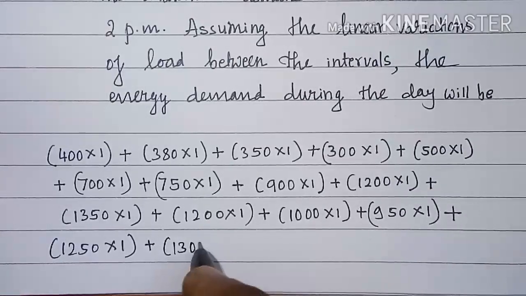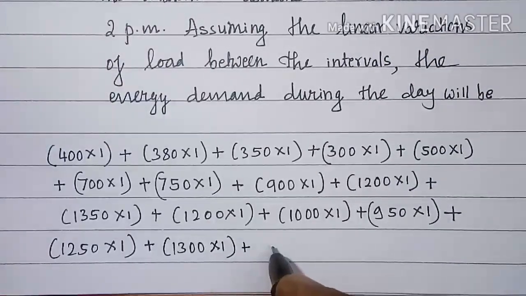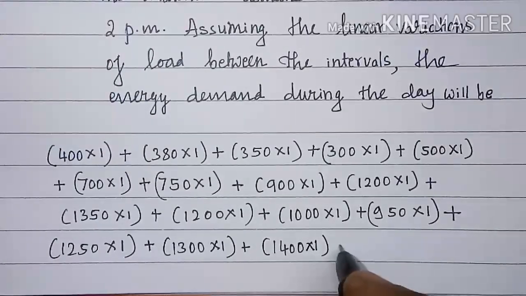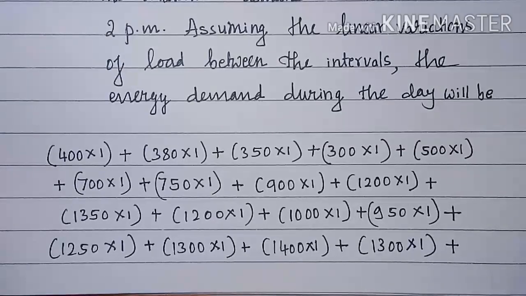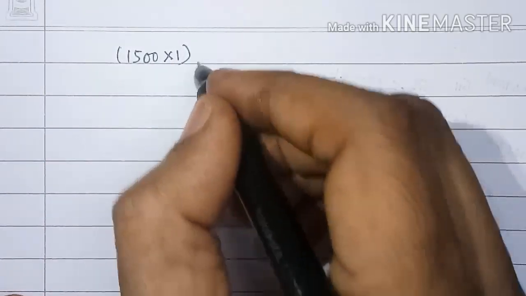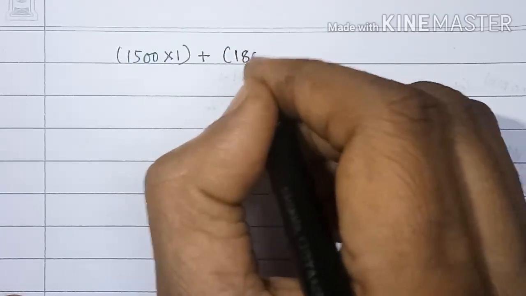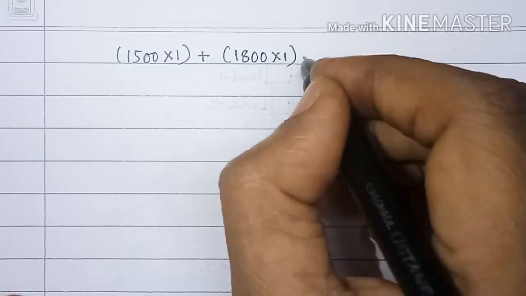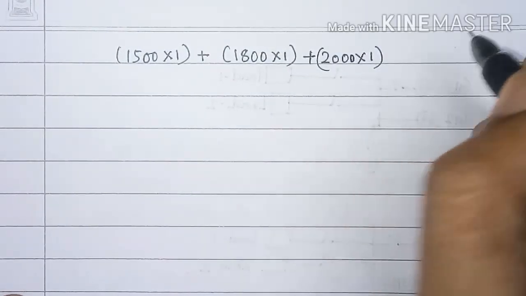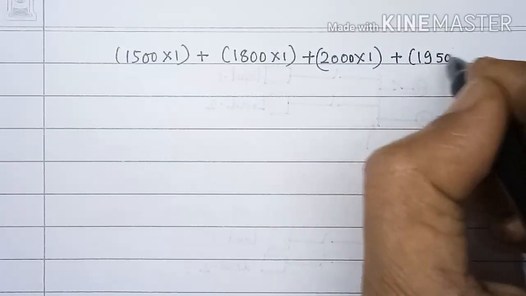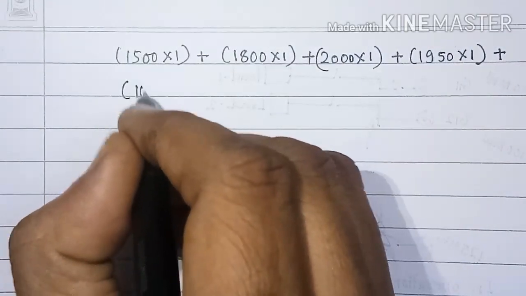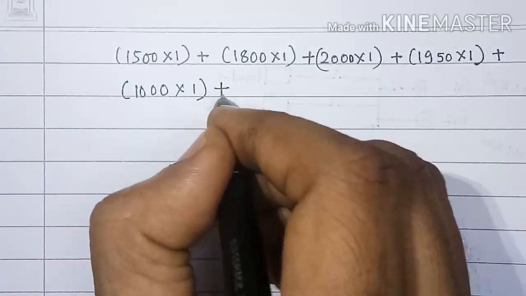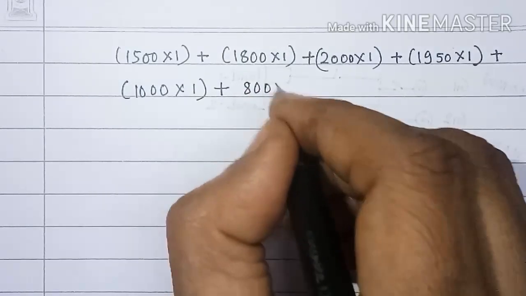Plus 1300 into 1 plus 1400 into 1 plus 1300 into 1 plus 1500 into 1 plus 1800 into 1 plus 2000 into 1 plus 1950 into 1 plus 1000 into 1 plus 800 into 1.